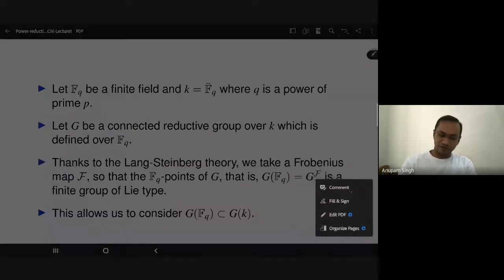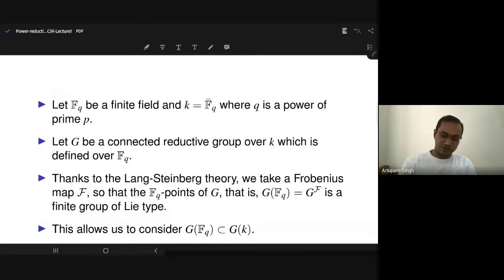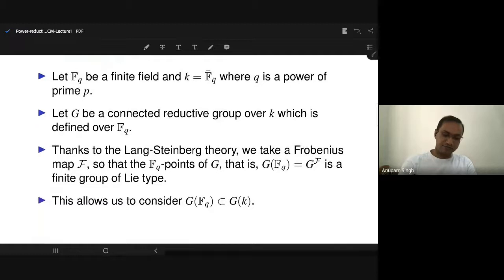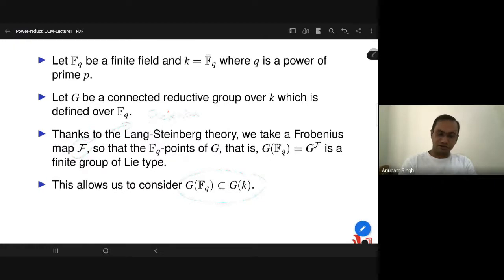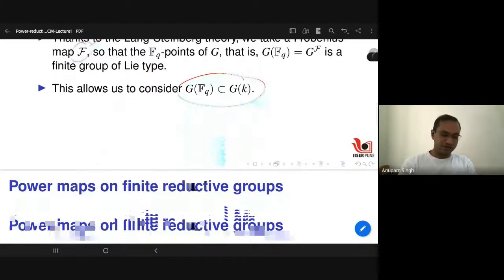Here F is denoting the Frobenius map. Some of these things you've seen already.